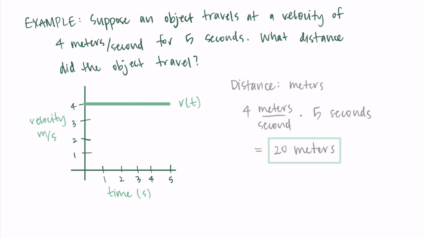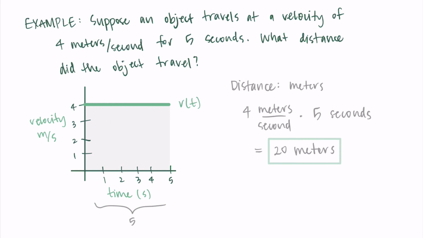We can think of this calculation as an area where the time is on the horizontal and the velocity, or the rate of change, is on the vertical. So we're actually taking a width of 5 times a height of 4 and multiplying those together to get our 20 meters.